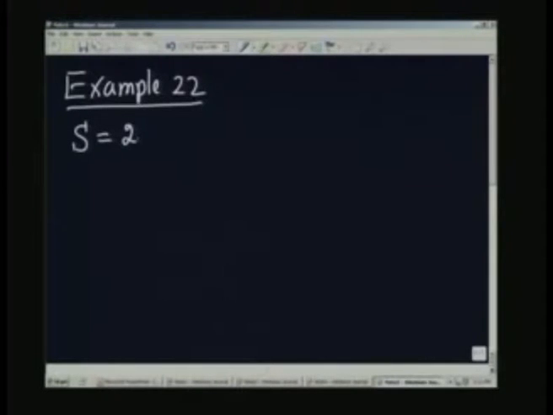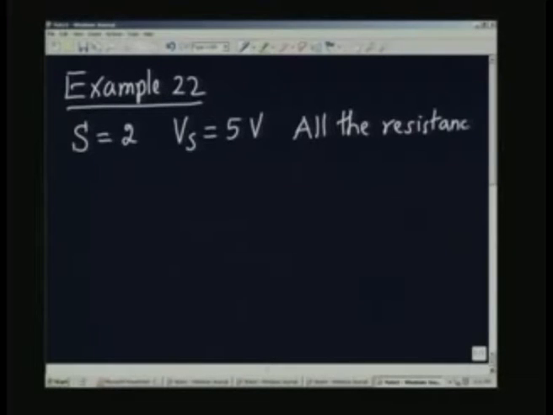We will assume that the input voltage Vs is 5 volts, and all the resistances are equal in the unstrained state for the strain gauge, each one equal to R equal to 120 ohms.